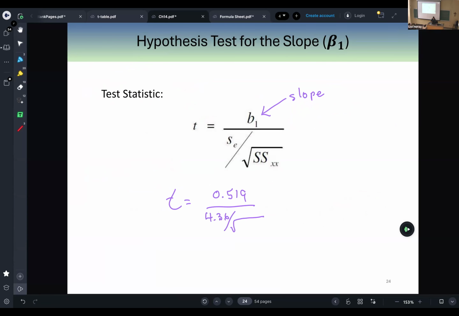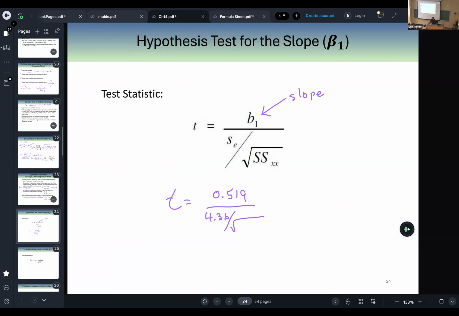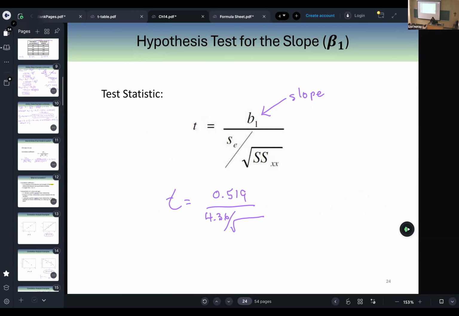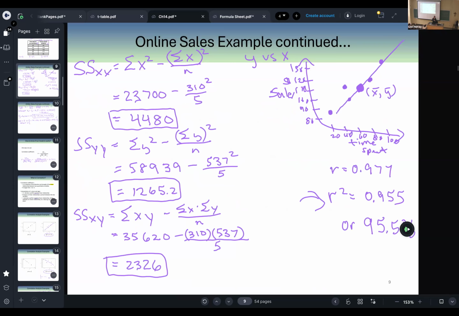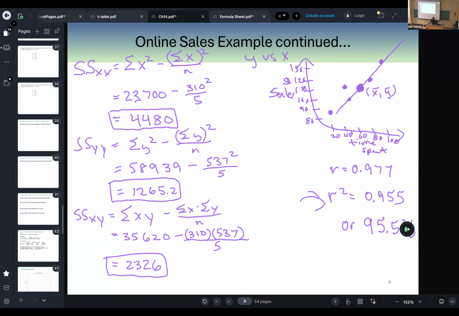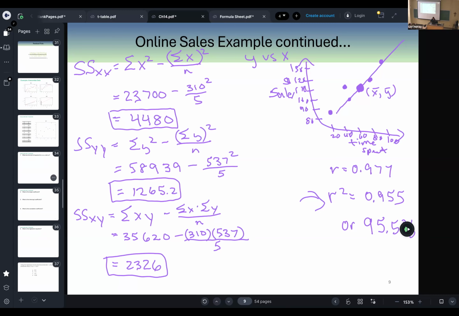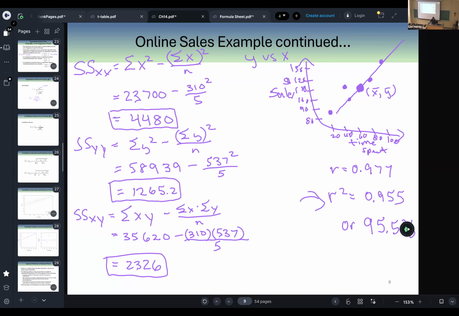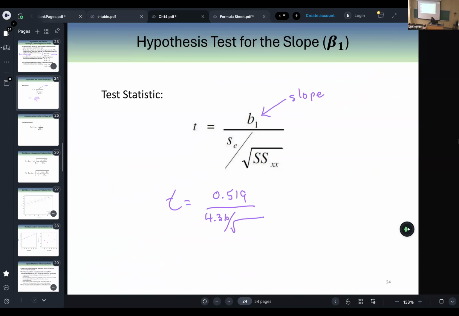So we need to go back to slide 9. Slide 9 gives us the sum of the squares of the x's, and it came to 4480. So we plug all those numbers in. 4480.